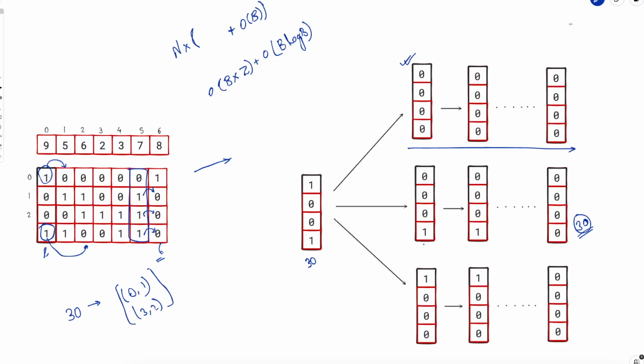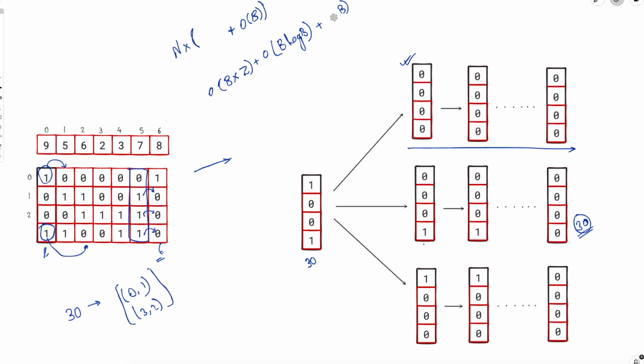So once you get this path, you will simply unset the bits in that order, and that will take order B time, because at most you will be iterating over B bits only. So this is the overall complexity.